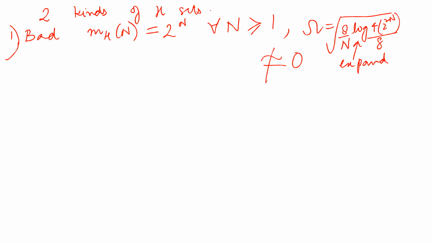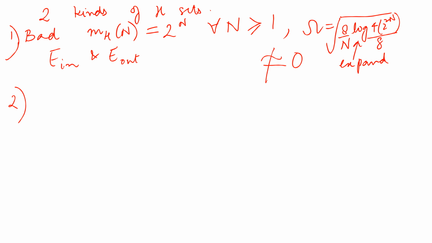It's going to be big. It cannot go to 0. That means in these bad hypothesis sets, we do not get a useful link between E in and E out, which is our goal whenever we are looking at a learning problem. So this was the bad hypothesis set.